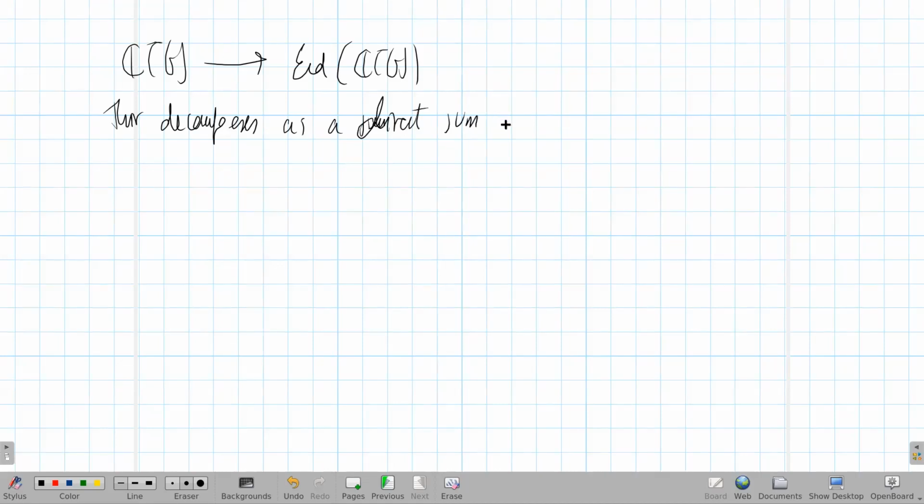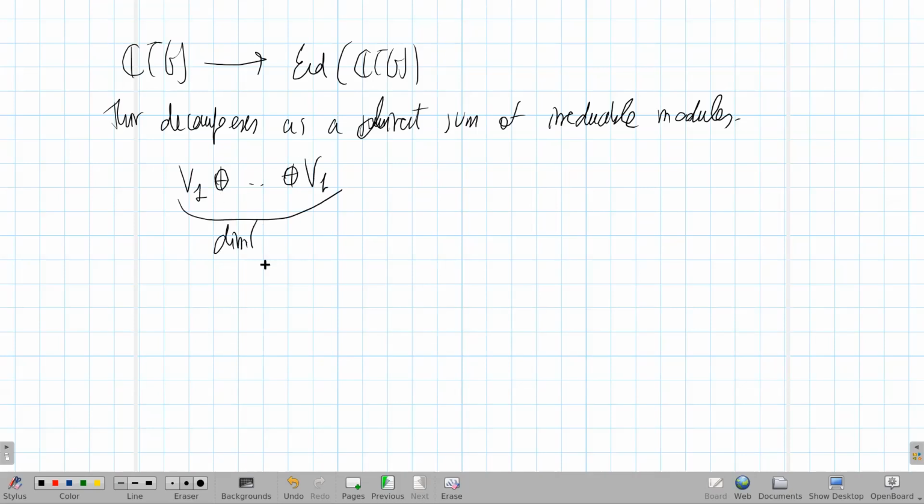Let's speak of modules, a direct sum of irreducible, or simple, modules. Meaning that there's V1 several times. How many times? Dimension of V1. That's the content of this result that we found via characters.